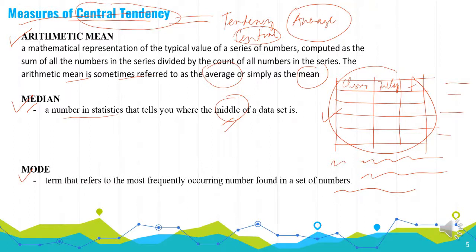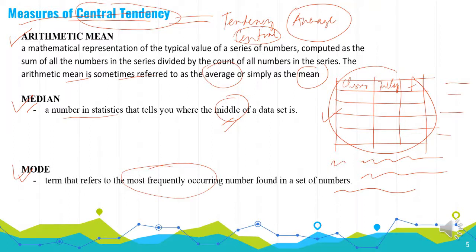Now, the mode is a term that refers to the most frequently occurring number, the one with the most occurrences. For example, in our hollow blocks, our readings are mostly 150 PSI. If that is the most frequent reading, that is what you put: most of the hollow blocks have a compressive strength of 150 PSI.